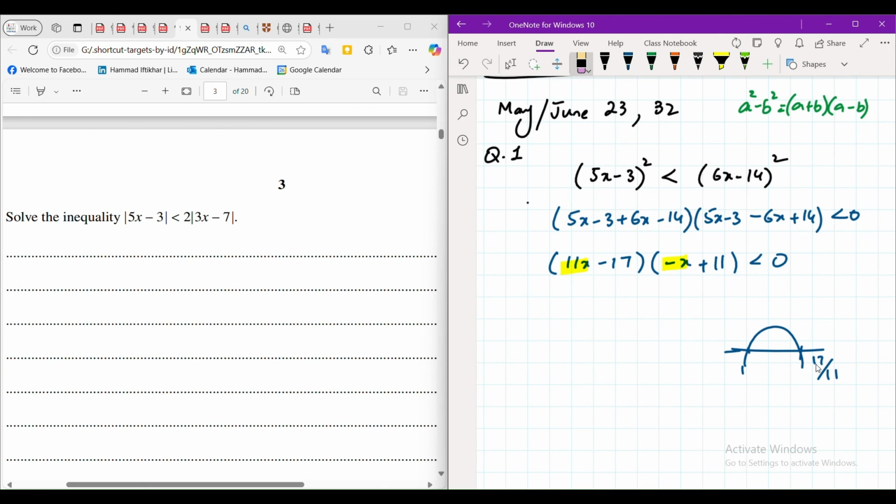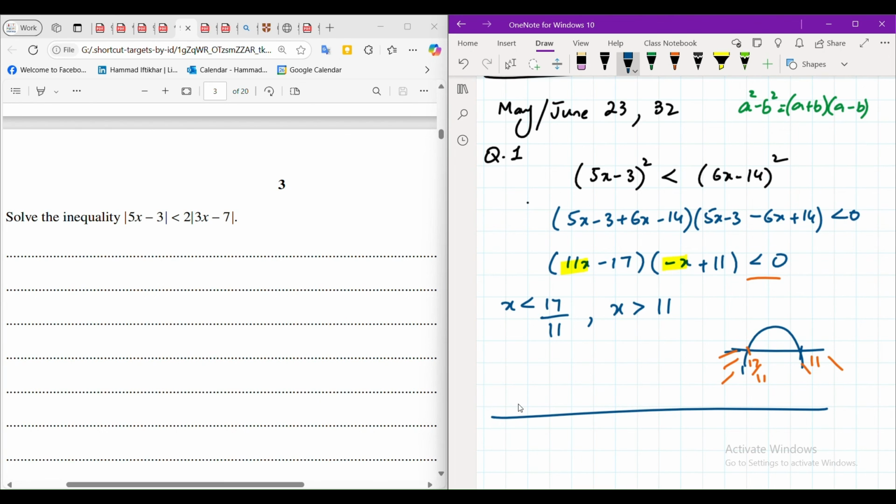Sorry. x is equal to 11 and 17 over 11. So since we want the area before that, less than that, so this area. So x less than 17 over 11 and x greater than 11. And that's our answer. Okay, so let's move on.